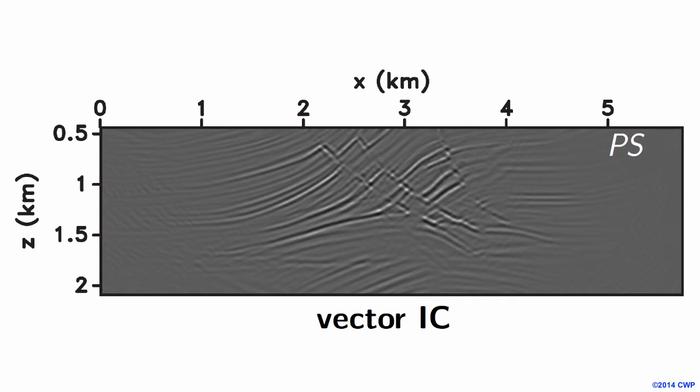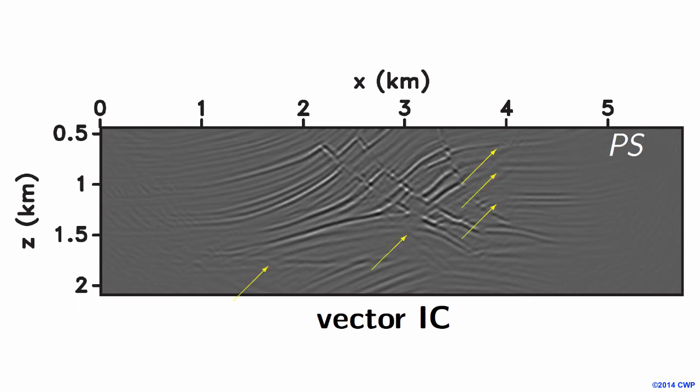So this is the vector imaging condition, and we cross-correlate the source side P mode and the receiver side S mode to get the image. Because we have many shots, we stack the images over experiments. For a fair comparison, I didn't do a polarity change to this image before I stacked them.